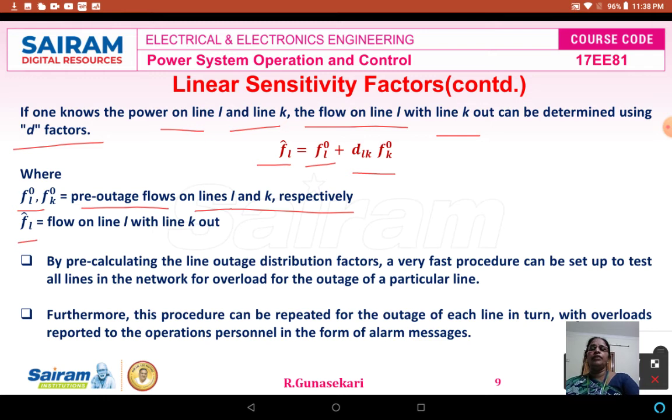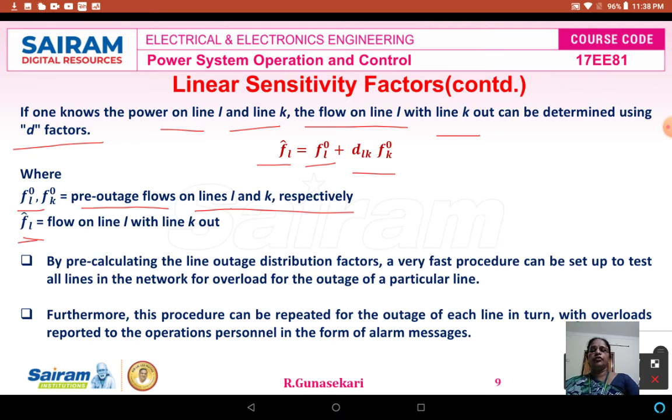The F_L vector is the flow on line L with line K outage. Line K is the outaged line, and line L is the monitoring line only.